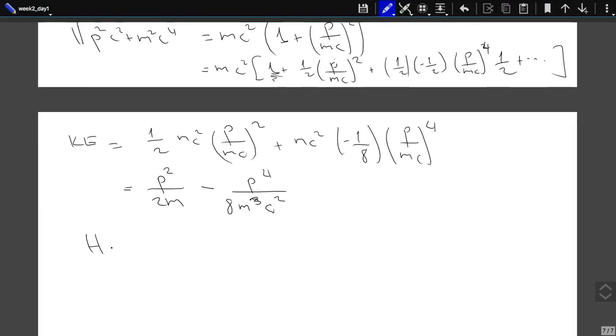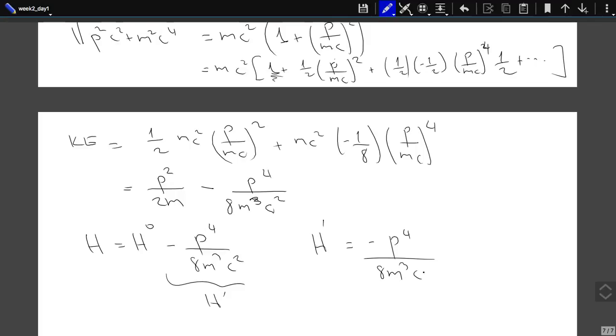So now we have H is equal to H0 minus p to the 4 divided by 8 m cubed c squared. So this is our H prime. These are the operators.